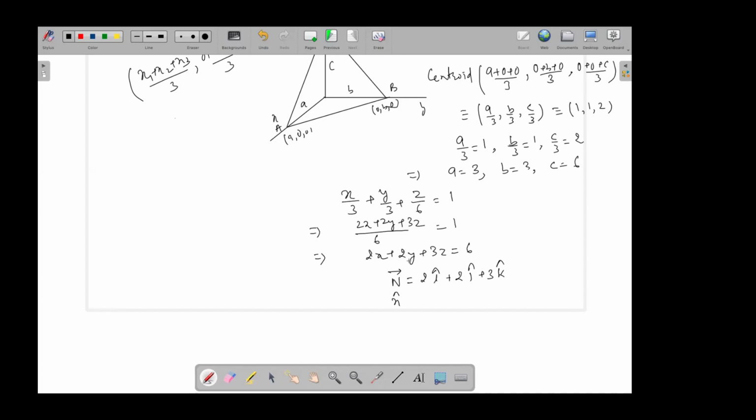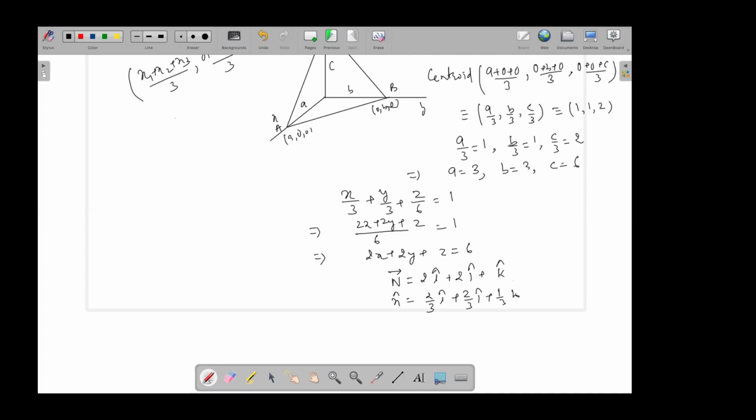So you could write n cap as 2 by 3 i cap plus 2 by 3 j cap plus 1 by 3 k cap.